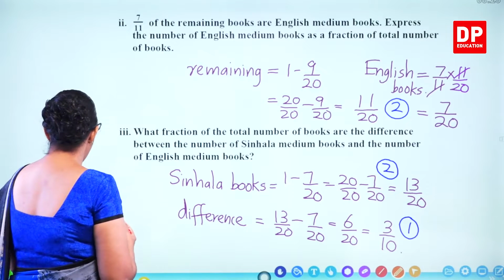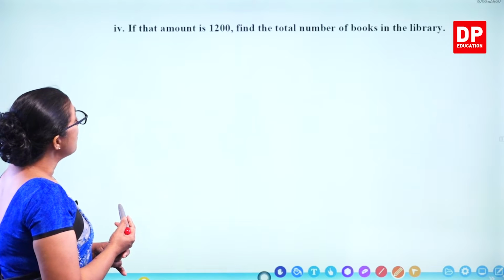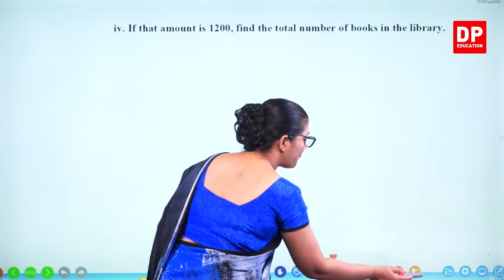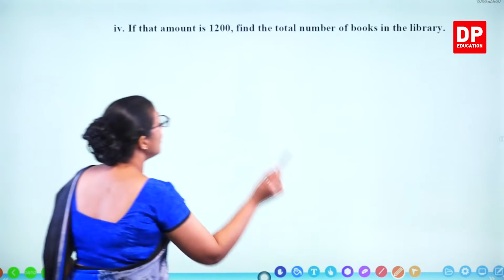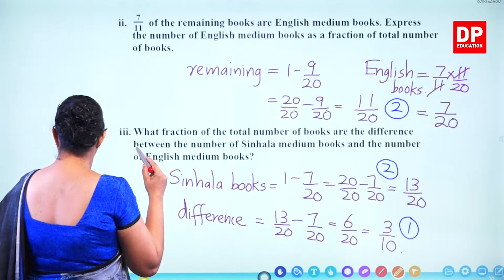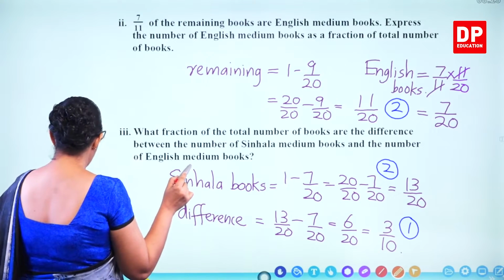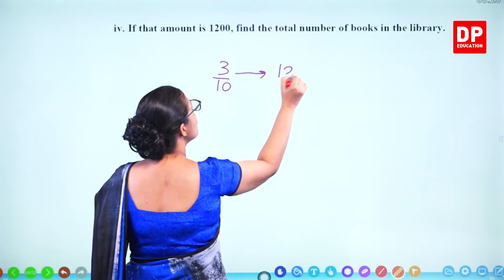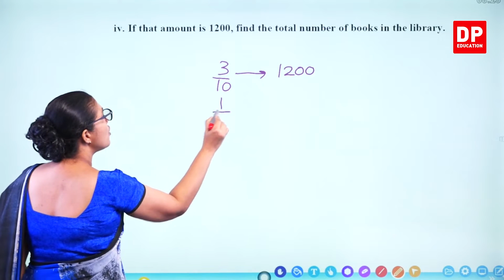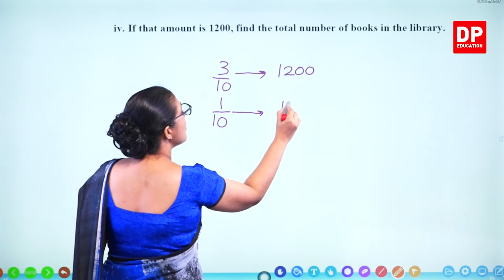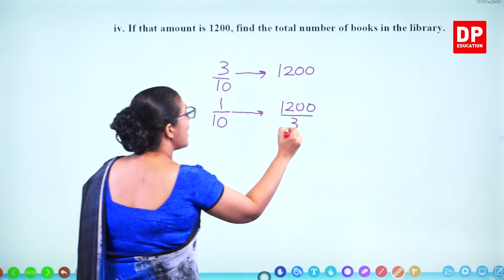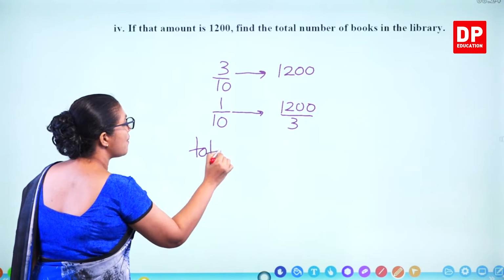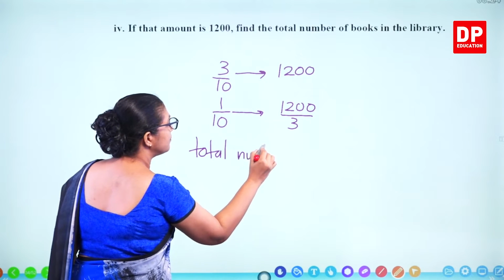So what's the last part? If that amount is 1200, find the total number of books in the library. So what's the difference we got? 3 over 10. 3 over 10 means 1200. So what is 1 over 10 means? One part you have to divide by 3. And to find out total you have to multiply by 10.